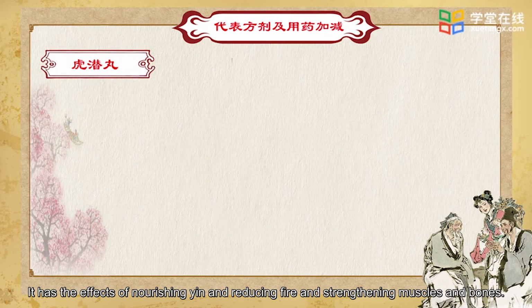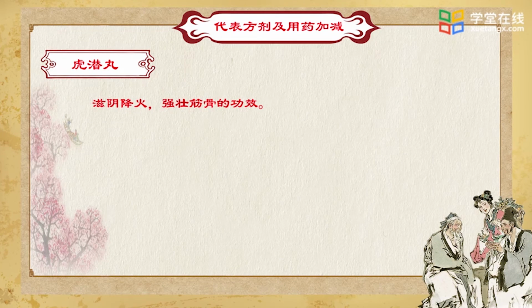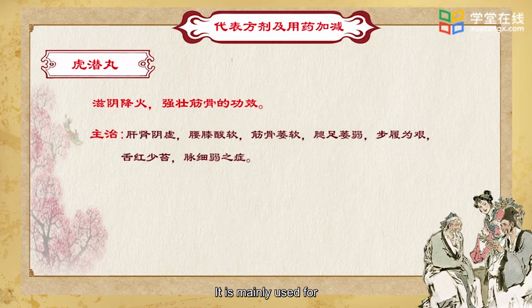It has the effects of nourishing yin and reducing fire and strengthening muscles and bones. It is mainly used for treating liver and kidney deficiency, sore waist and knees, weak muscles and bones, weak legs and feet, struggling steps, red tongue with less fur, and weak pulse.